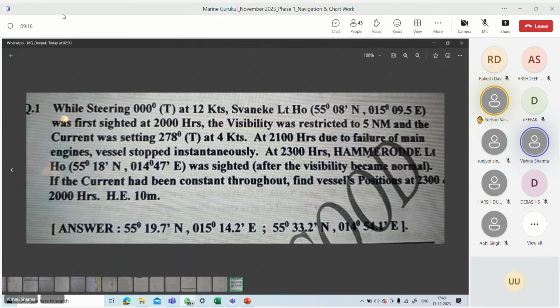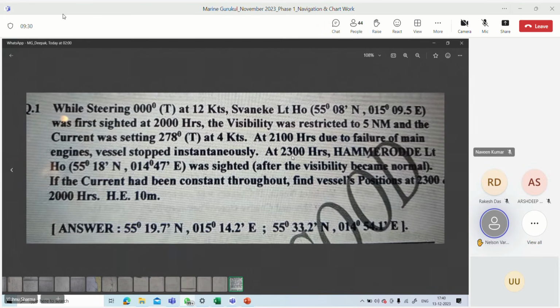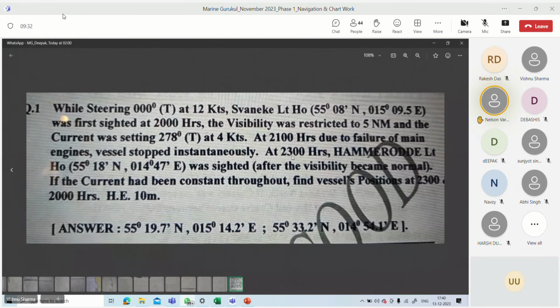So in that 5-mile visibility, Hemi-Road light was not visible. Correct? Yes, in that 5 miles it was not visible. Now for 2 hours the vessel has drifted with the current, right? Yes, sir. And the visibility became normal, what he calls normal. Yes, sir. So what does he want to say by was sighted? If you don't read that, then how have you solved it? Tell me. Let me see that.